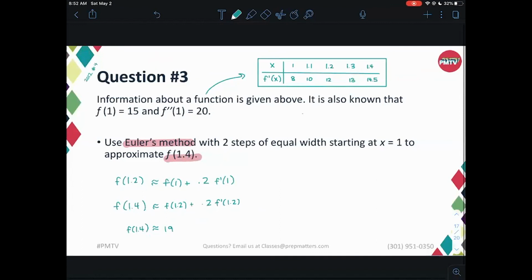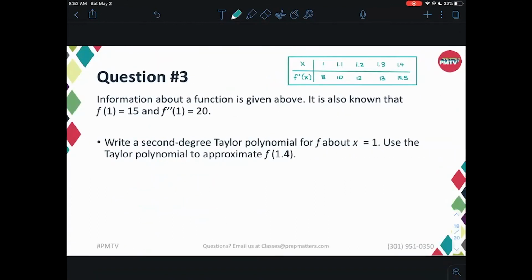Then, same exact question, we can go through a second part with the Taylor polynomial approximation. In this one, write a second degree Taylor polynomial for f about x equals 1. Use the Taylor polynomial to approximate f of 1.4.